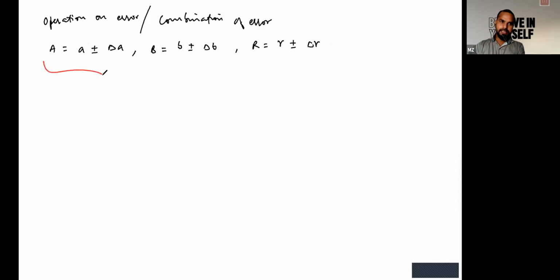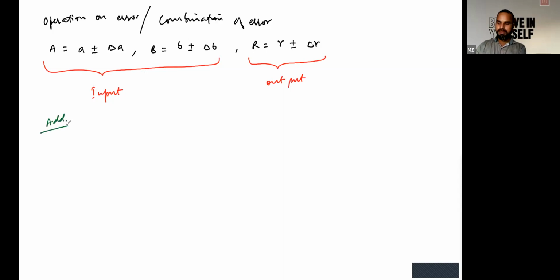So this a and b is input and this r is output. Now I have to define relation with respect to r in relation with a and b for different mathematical operation.